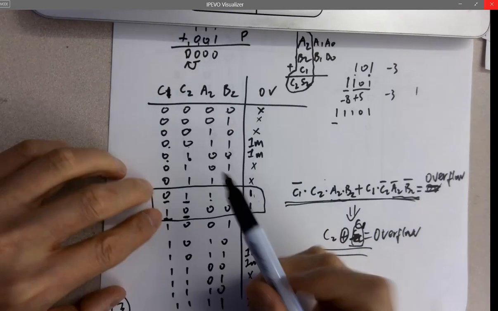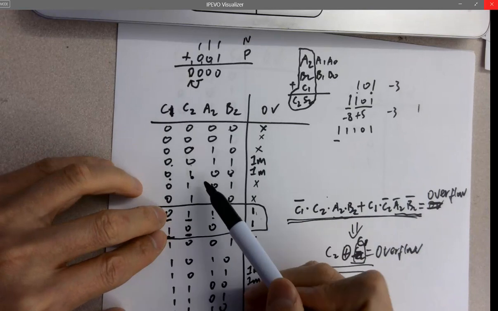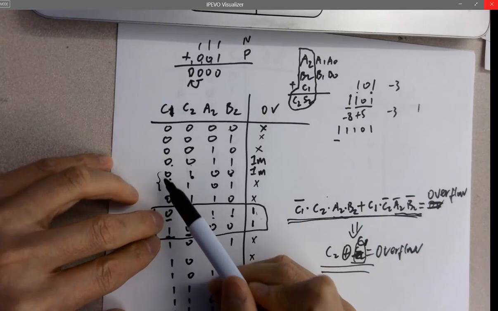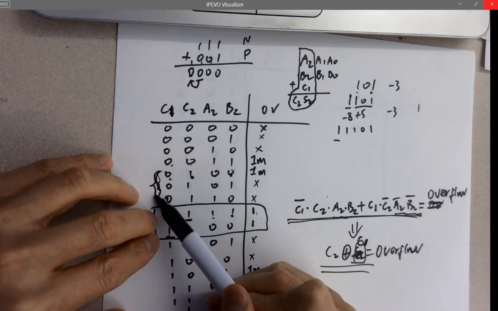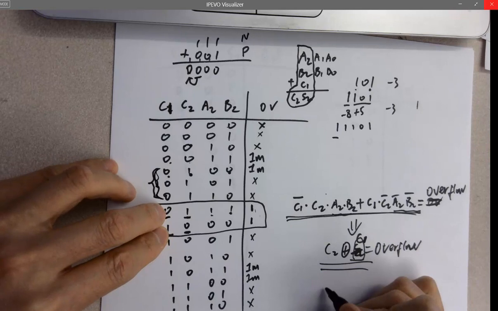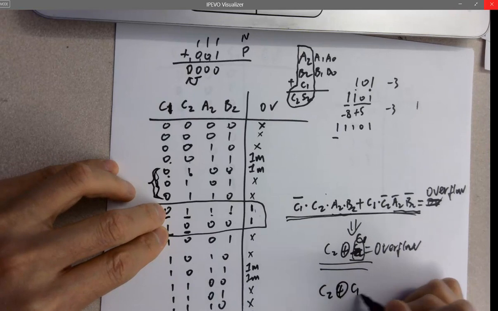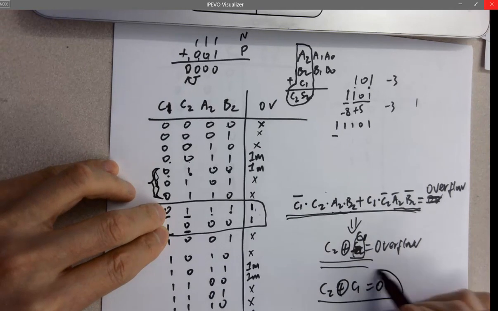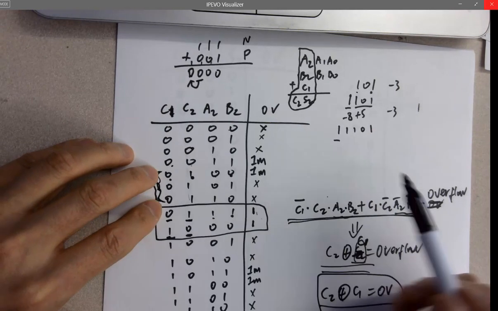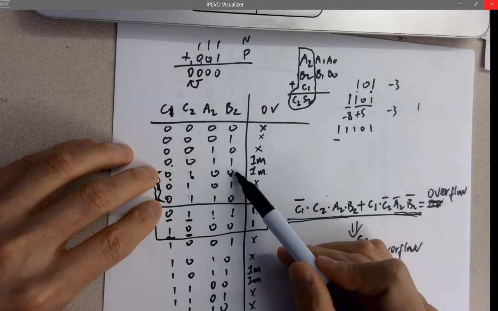But there are other cases. For example, these three also show that C1, C2 are different. If you directly use this logic, C2 XOR C1, to get the overflow bit, what about these cases?